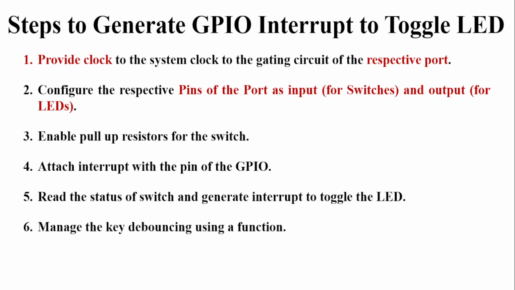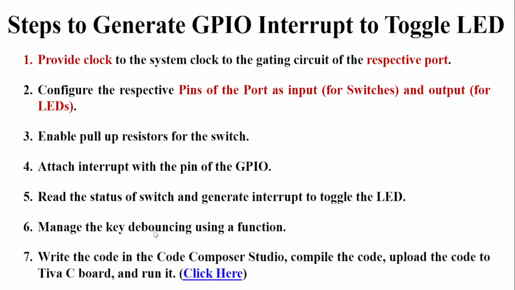There is a small concept of key debouncing which we have to manage, because whenever we make a press, the mechanical switches generally generate multiple switching instances, and to avoid multiple readings we have to manage key debouncing, or a function related to key debouncing. Let us see how we can write the code in Code Composer Studio using the TivaWare library to toggle the LED using GPIO interrupt.